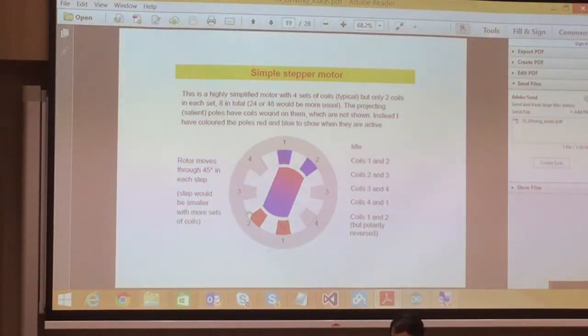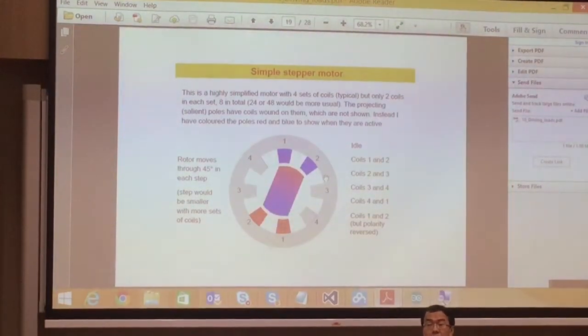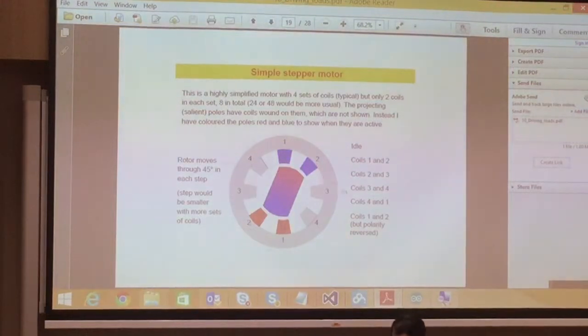The next moment I turn off coil 2 and activate coil 3, then your motor needs to turn again to align to coil 3. Then I turn off coil 3 and turn on coil 4, so your motor needs to turn again. So let me ask you, for this case, every rotation is how many degrees?